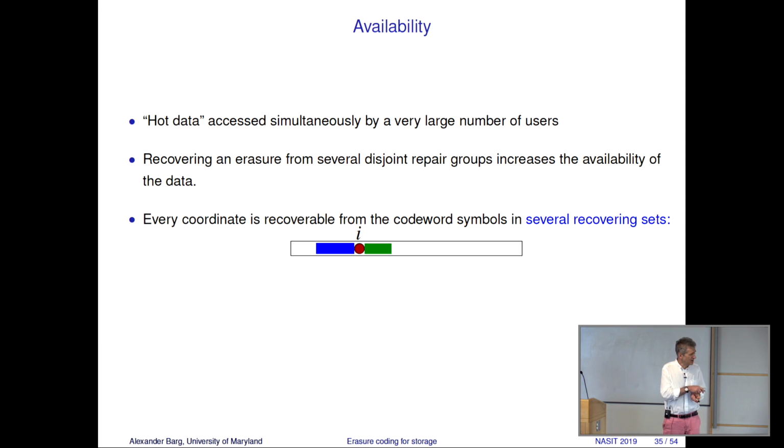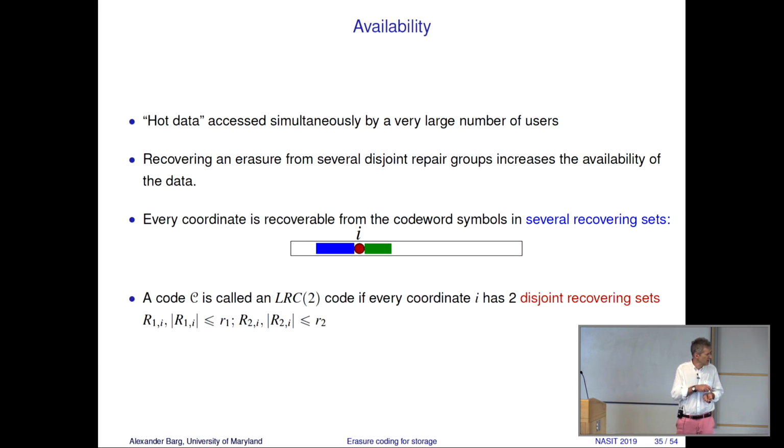So this is the lost coordinate. This is one repair group. This is another repair group. I want to stress those repair groups do not have to be of the same size. Whatever the construction comes up with, we will live with that. A code is called LRC with availability 2 if every coordinate has two disjoint recovering sets of size R1 and R2.